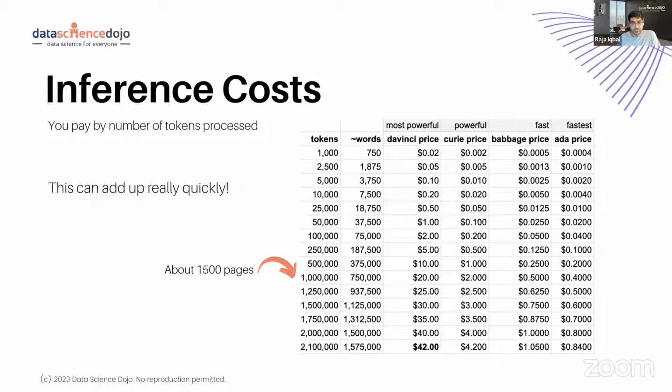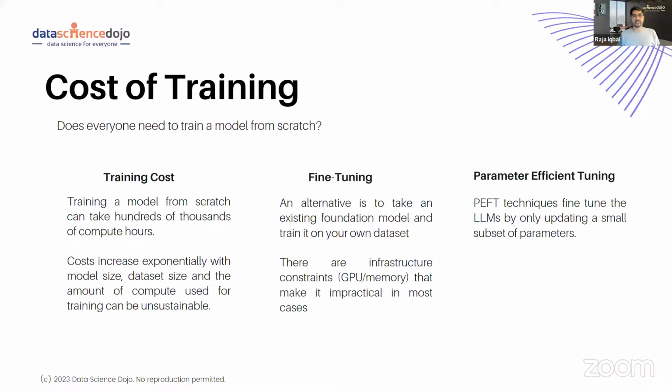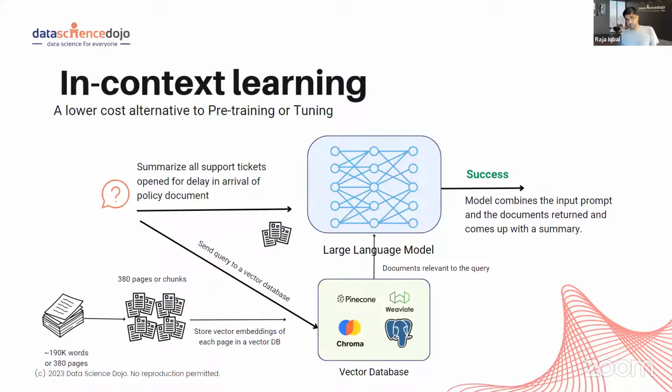But even if you use this kind of approach, there is still inference cost. So let me go back, right? There's a cost of training involved. If you use in-context learning, you're not quite training anything. It's a low-cost alternative to pre-training, model tuning, or maybe parameter-efficient tuning.